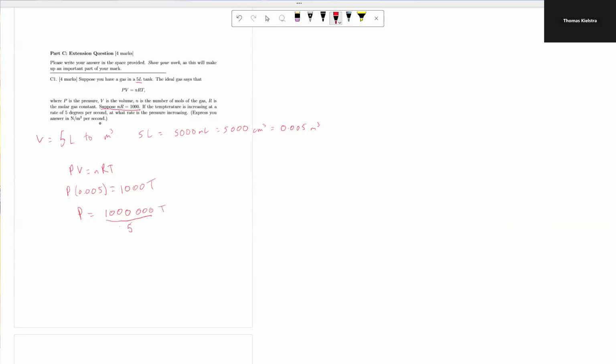This seems a little bit ridiculous, but it's just a made-up problem. P equals 200,000 T. dP, the change in pressure with respect to time, equals 200,000 times the change in temperature with respect to time.